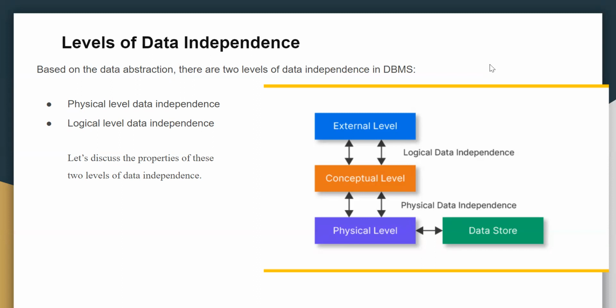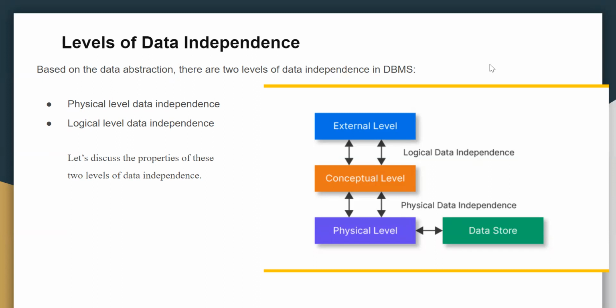The difference is that physical data independence is mainly concerned with how a set of data gets stored in a given system, while logical data independence is concerned with changing the definition of the data or its structure as a whole.